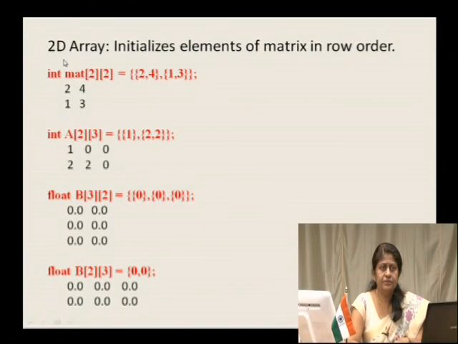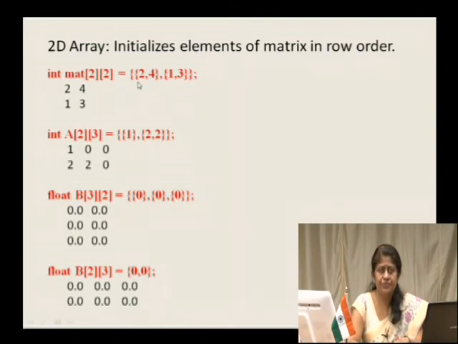And we have the 2-dimensional array that could be initialized in this manner, that is int mat of 2, 2. Now, see that it is a 2-dimensional array as it has 2 subscripts, the row subscript and the column subscript. So, here it has been initialized with values 2, 4, 1, 3, and you see the braces that have been enclosed in this manner.